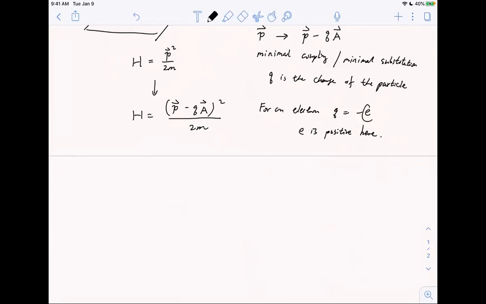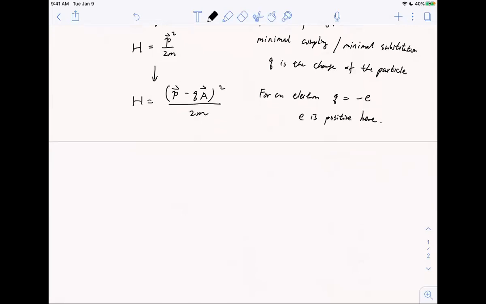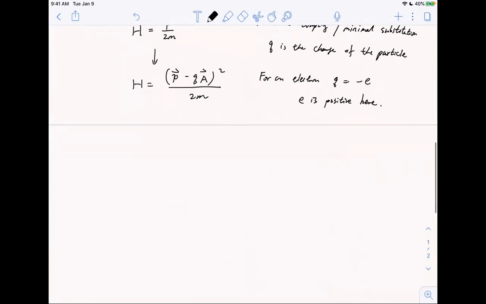So we make it positive here. So this is an exactly solvable Hamiltonian. So let's solve it.